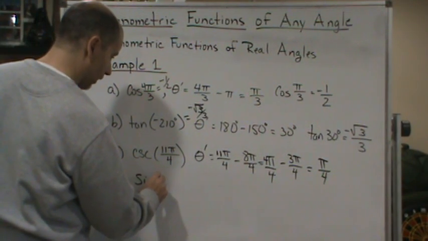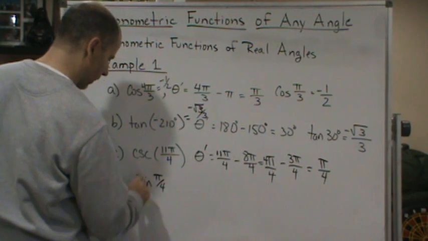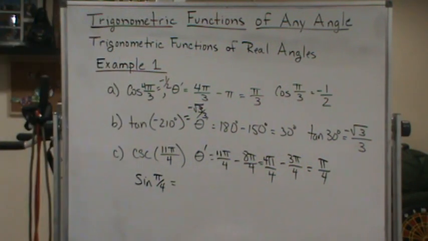Sine of pi over 4 is equal to what? Well, think about it. So sine of 45 degrees, unit circle. Right, so the sides are the same.